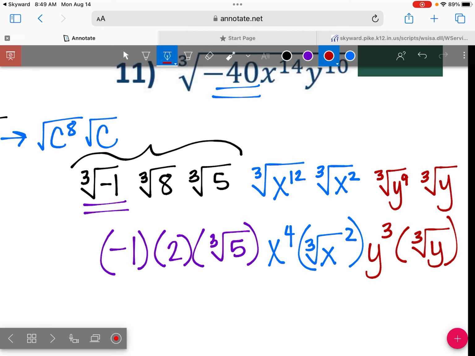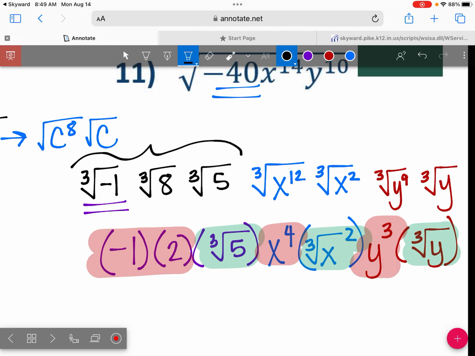So now we're ready to clean it up. Everything that has to stay can be written together. So all three of these can all go together at the end. All right, everything that could simplify can go on the front. So I'm multiplying all of these. This is going to go in the front.